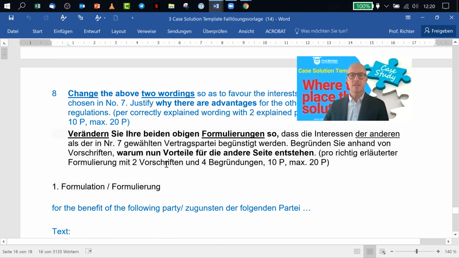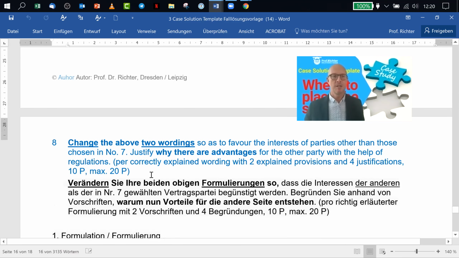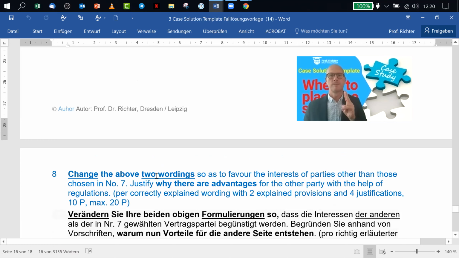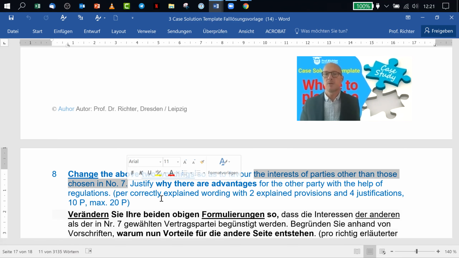And then question number 8, you should turn the perspective and say, okay, now change the above 2 wordings. The 2 sentences you wrote down, now in favor of the interests of the parties other than those chosen in number 7. So if you have chosen the buyer in number 7, you should now go to the seller's side and say, no, there's no defect. This is just because you used it in the wrong way, right?